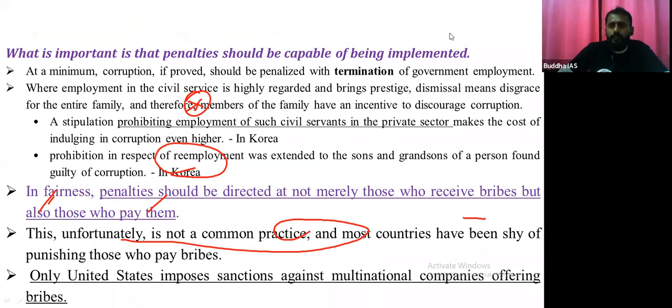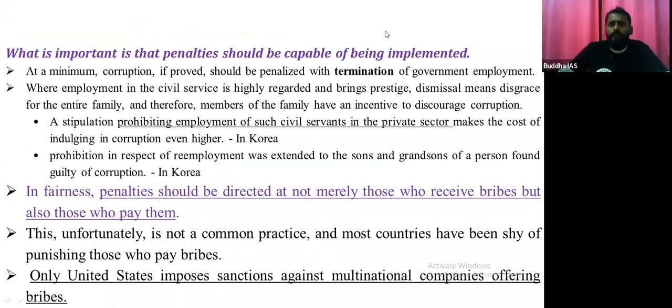Next, what should be there to make this penalty effective? At the minimum, there should be termination from the government employment. So this is very important. Imprisonment or fine won't deter.